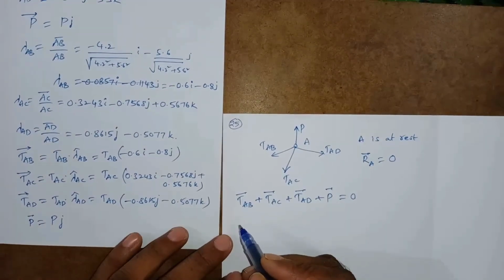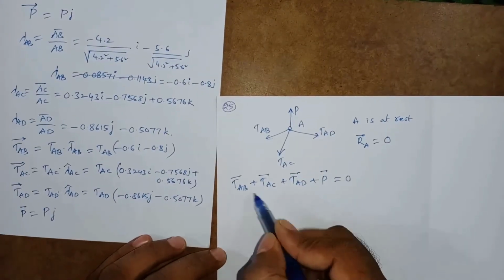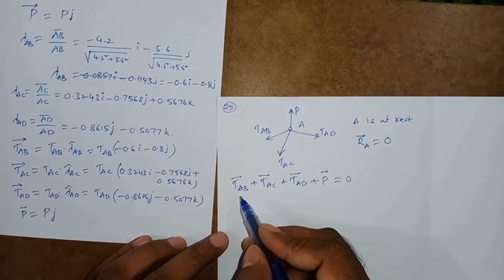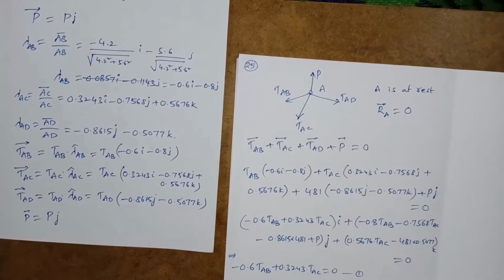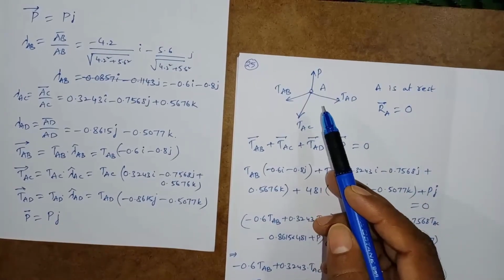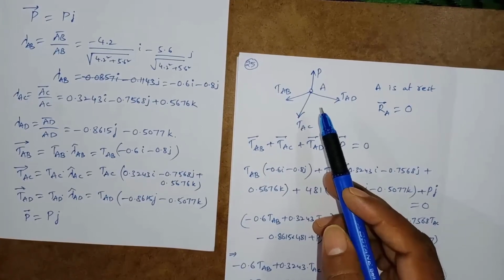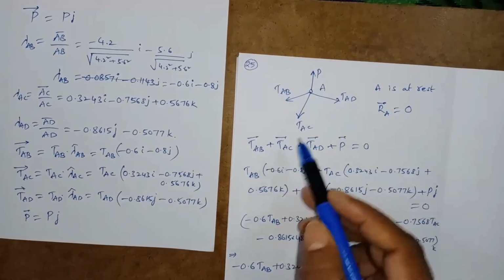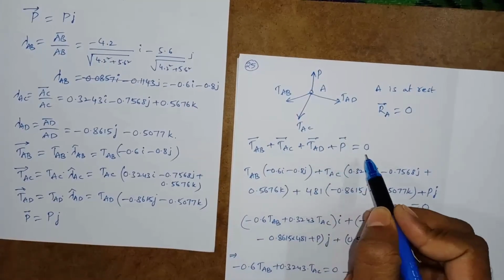Since point A is at rest, the net force must be 0, so TAB bar plus TAC bar plus TAD bar plus P bar equals 0.